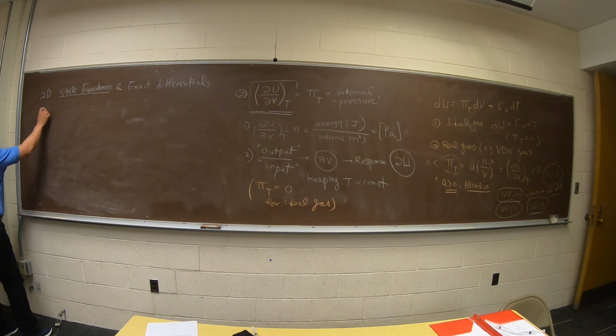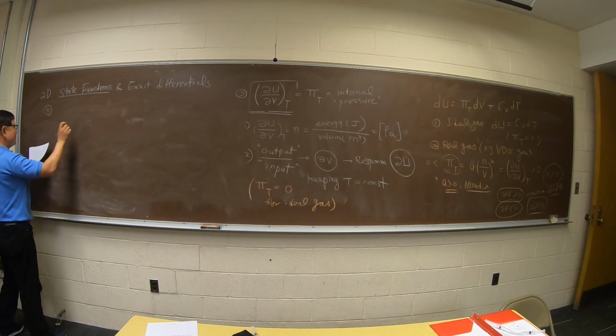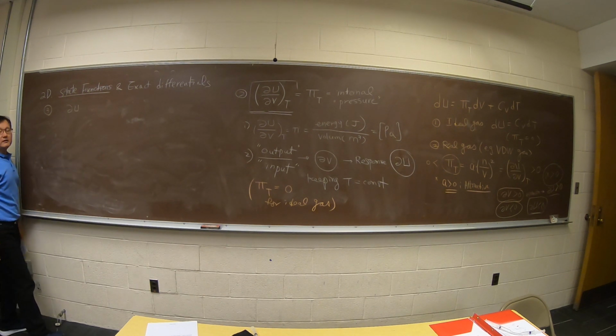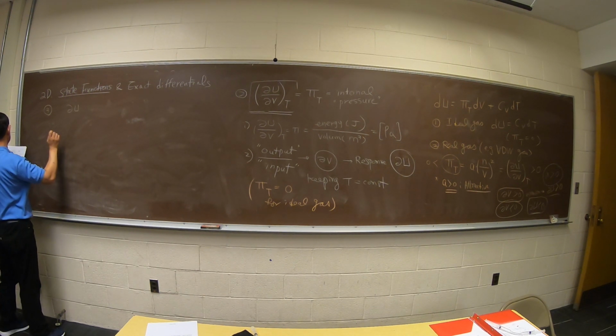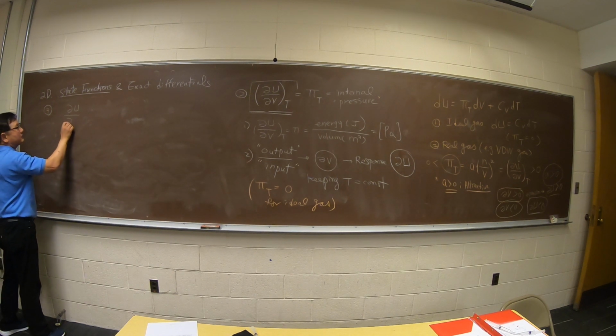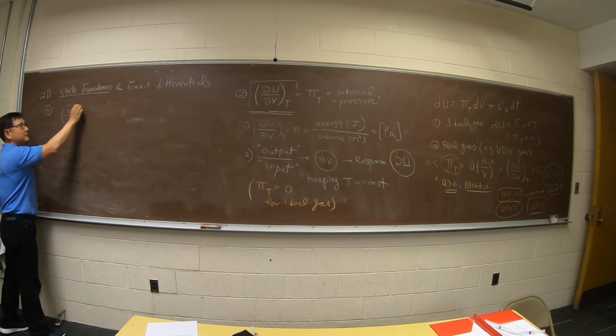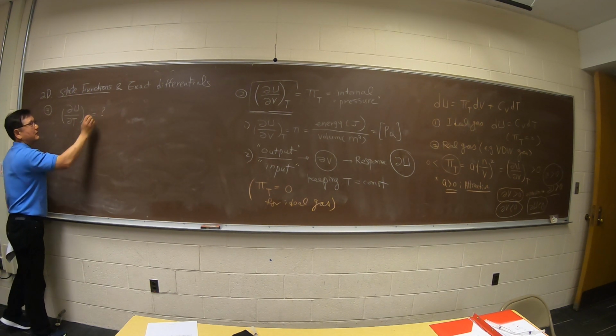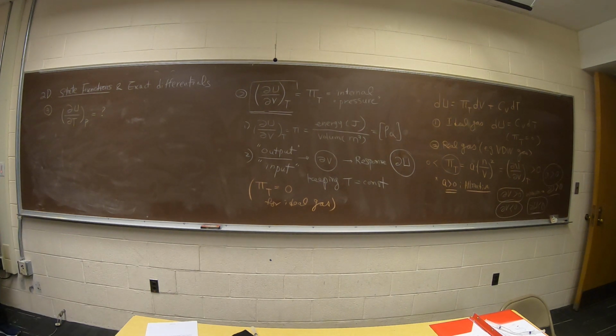Okay, so number 3. I'm going to throw this one in. The change in the internal energy now, and in this case I want to do a change in the temperature, but this time I want to keep the pressure constant. How about this?